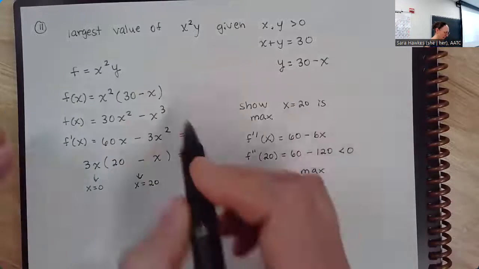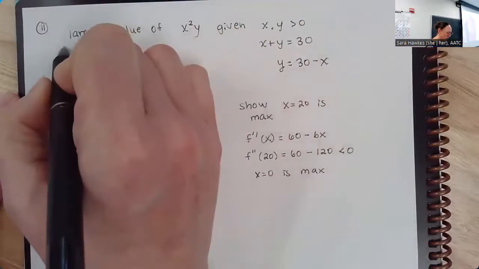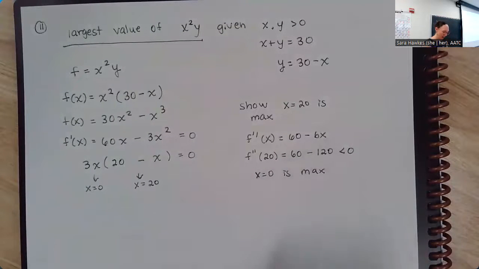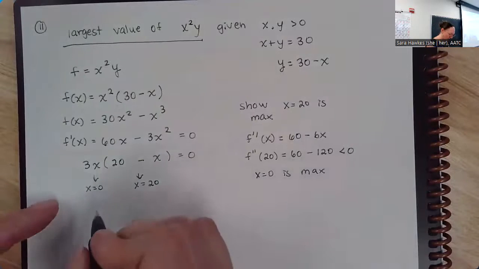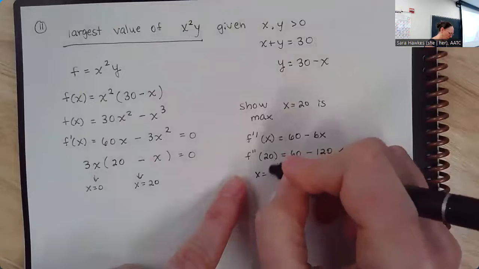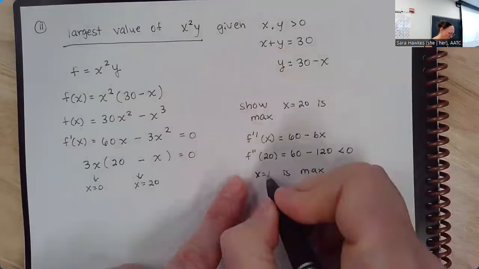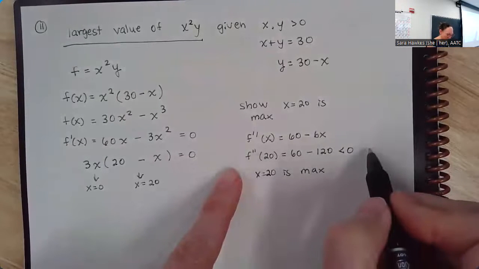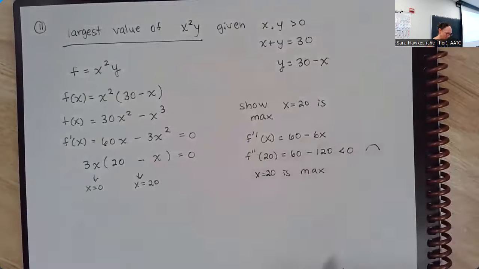But if the question is for the largest value of x squared y, then my final answer is going to be, oh, sorry, I don't know why I wrote x equals 0. I think I said 20 and wrote 0. It's all good. x equals 20 is our max because this was concave down.